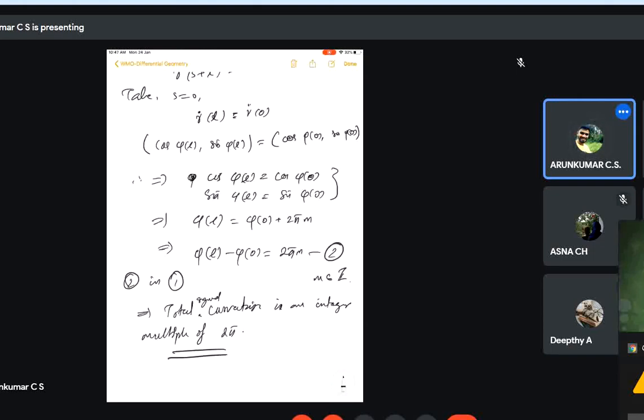Okay, fine. Anyway, the integral of the signed curvature will always be an integer multiple of 2 pi.